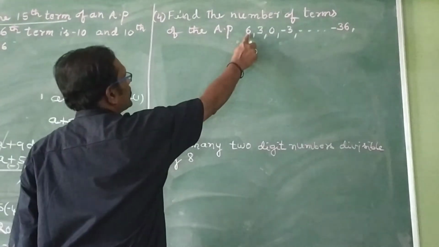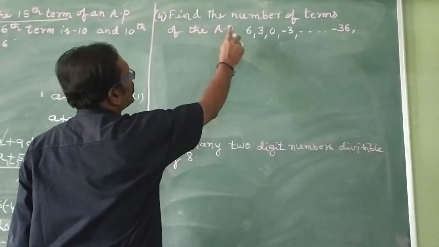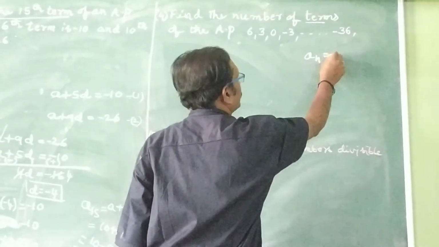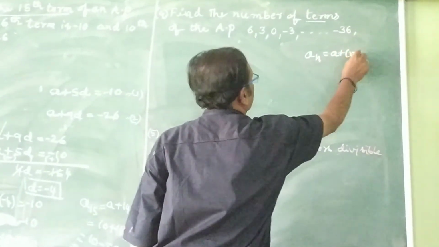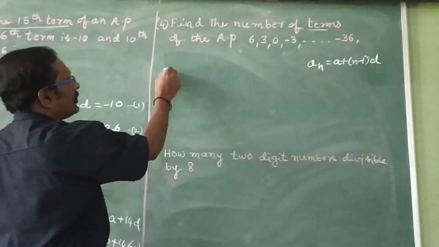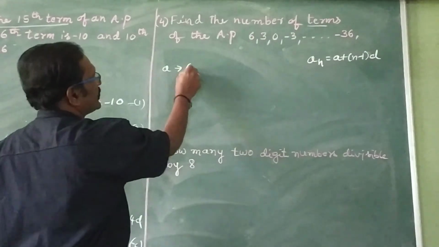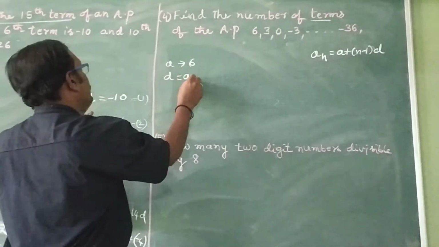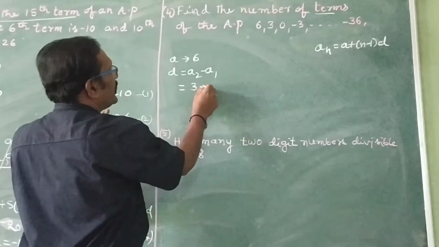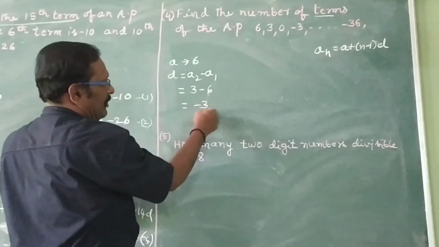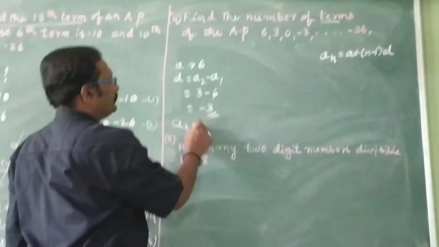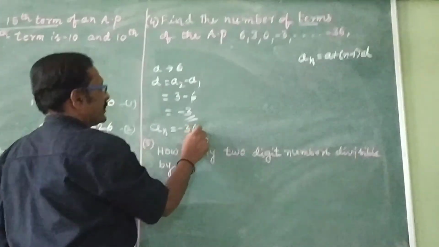Whenever a term comes, use the formula an is equal to a plus (n minus 1) into d. In this formula, a is the first term, 6, and d is the common difference, a2 minus a1, which is 3 minus 6. You get minus 3 as the common difference. Now the last term is given, an is minus 36.